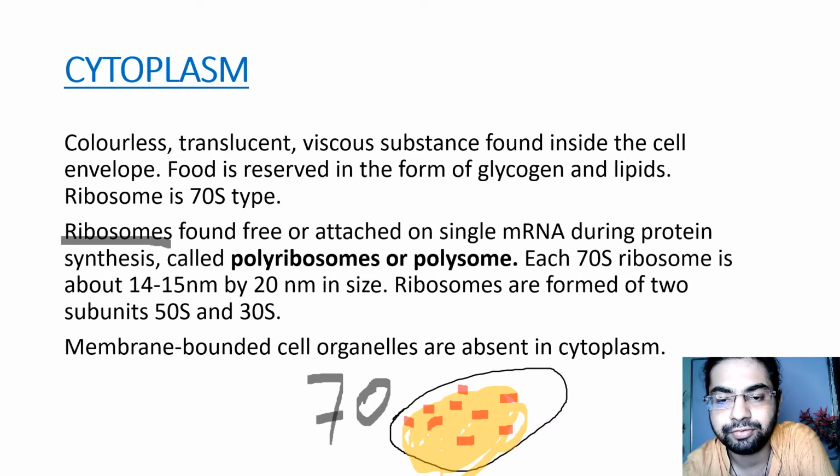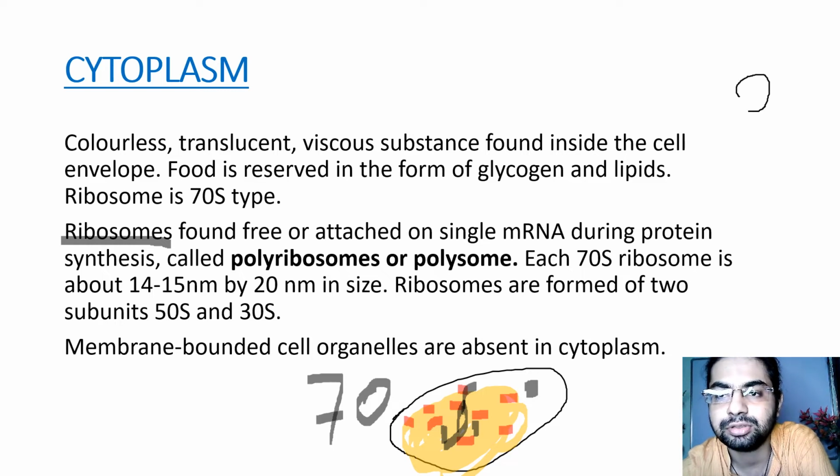So if found free, it is like this, but sometimes it is found attached to a single mRNA. mRNA is messenger RNA, and each 70S ribosome is 14 to 15 nanometer by 20 nanometer in size. Ribosomes are formed of two subunits, that is 50S and 30S.